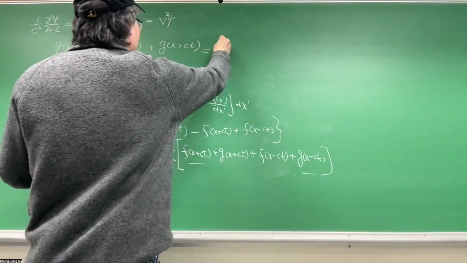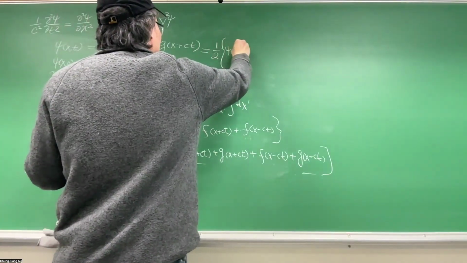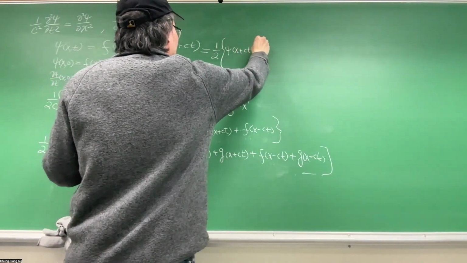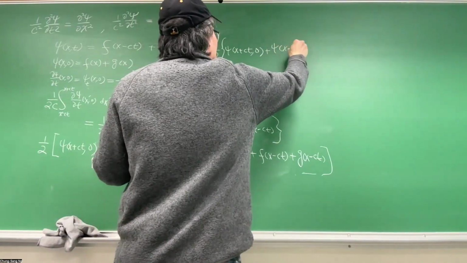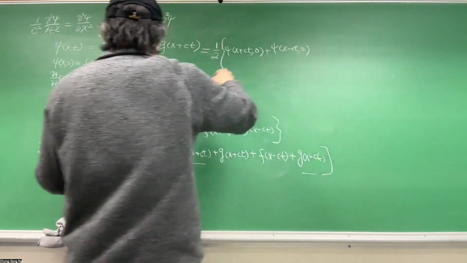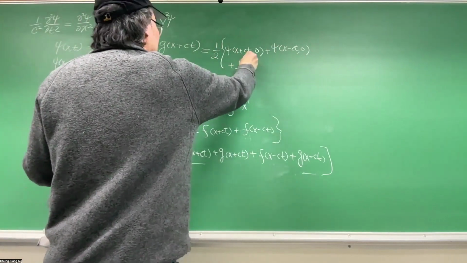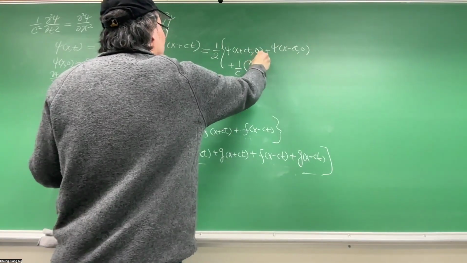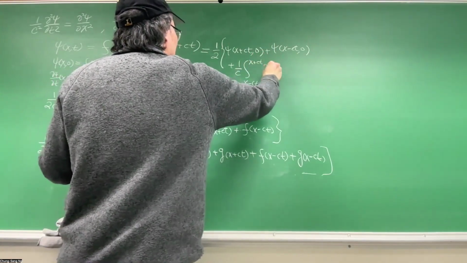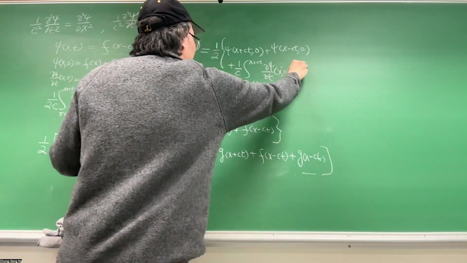1/2 of psi at x plus ct, 0. This is the initial condition, plus psi at x minus ct, 0. And then plus 1 over c integrate from x minus ct to x plus ct of partial psi partial t at 0, x prime.